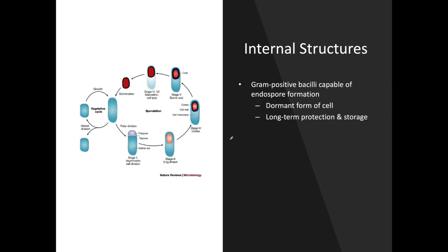Another internal structure that is unique to bacteria that we have to mention, this is only produced in 2 genera of bacteria, but they are called endospores. And endospores cause lots of problems. Some of the diseases that are caused by endospore-forming bacteria, by the way, are the Clostridia and the bacilli.